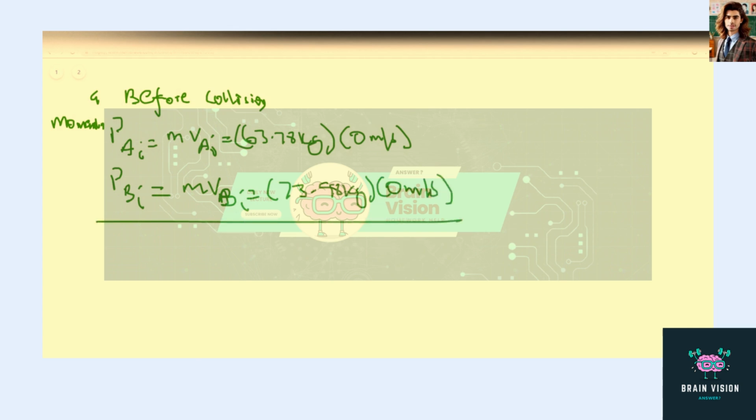And so you can see that the total initial momentum for both of them, A and B, is just going to be 0 kilogram meters per second. Since the initial momentum for A is 0 kilogram meters per second, and for B is also 0 kilogram meters per second.